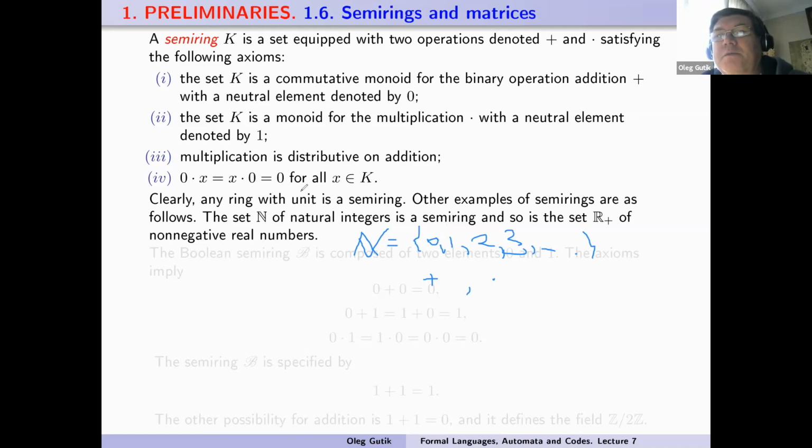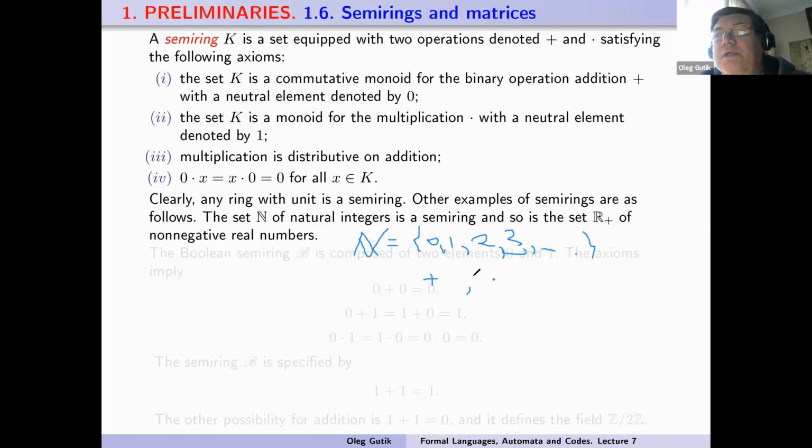And from the school course of mathematics, we know that multiplication is distributive with respect to addition of real numbers.